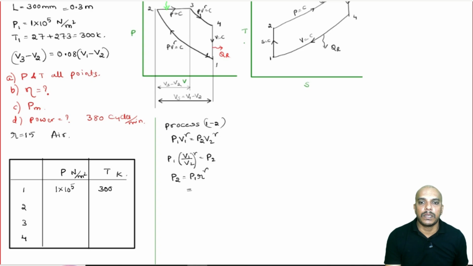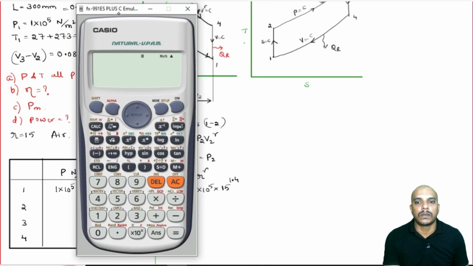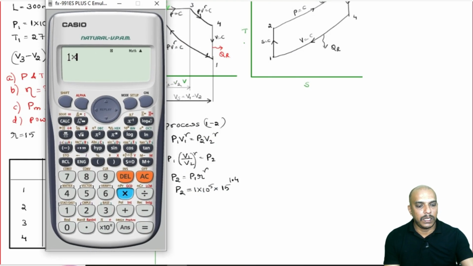P1 is 1 into 10 power 5, the value of r is given as 15, and gamma for air is 1.4. So, let us find P2: 1 into 10 power 5 multiplied by 15 power 1.4.